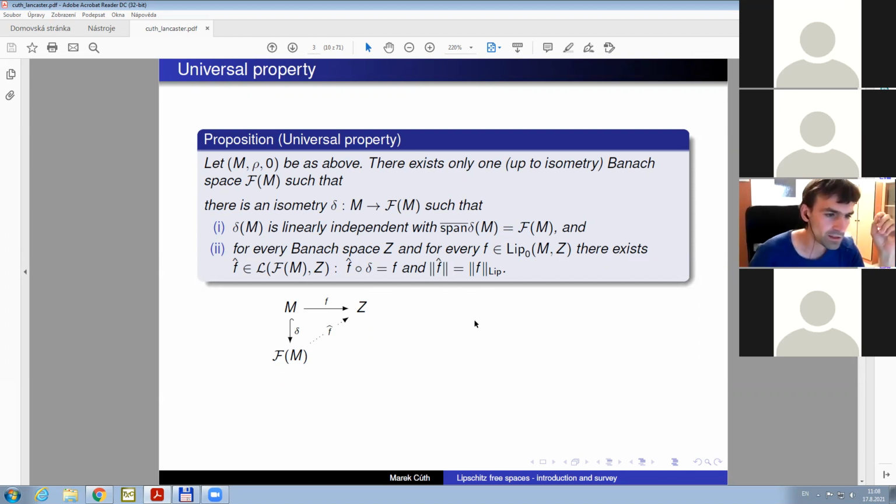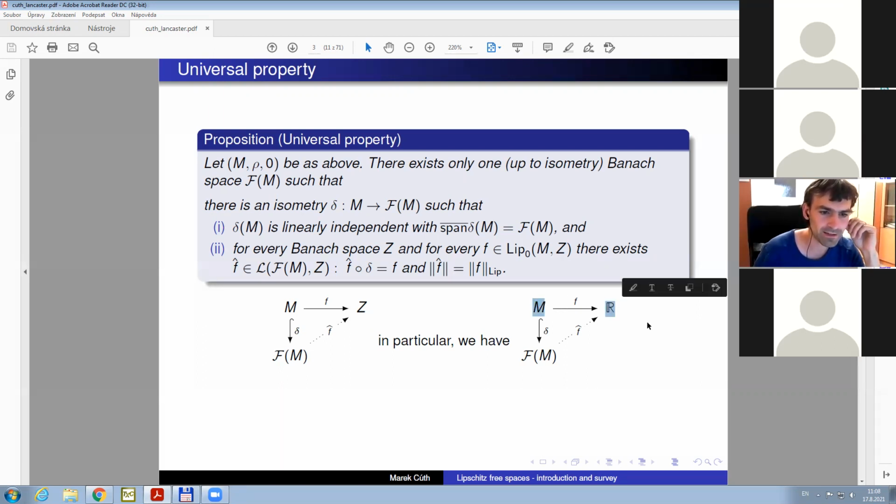Okay. So in particular, if we consider Z to be the real line, we can consider any Banach space. But in particular, if we consider the real line, which is of course a Banach space, then we see that any Lipschitz map, this line here, corresponds to a linear functional. This is this F hat here.